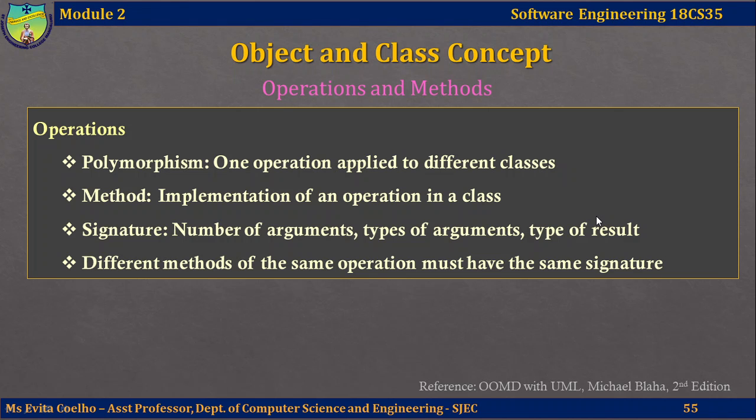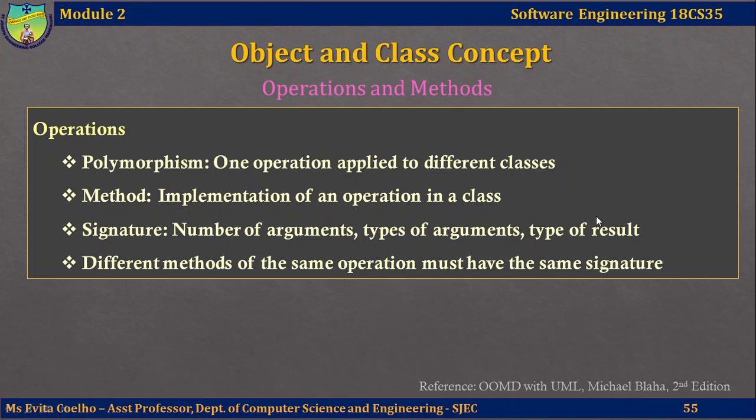When an operation has methods on several classes, that is, when you're using a polymorphic operation, it is important that all methods have the same signature. Signature means the number and type of arguments, and the type of the result value.